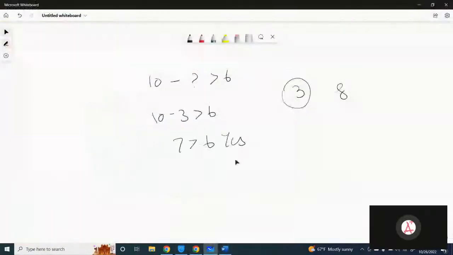Let me write down the lesson name on the board. Estimate sums and differences of whole numbers.